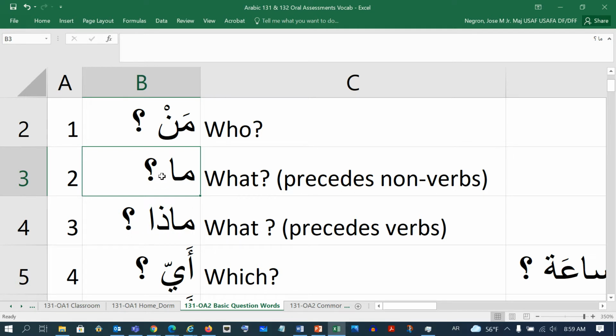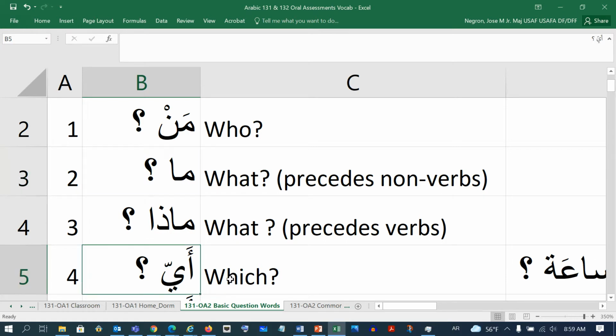The first one, ma, is the question word what that you use in front of non-verbs. So anything that's not a verb, we're going to cover some examples of that later on in this video. But ma is the question word that you use in front of non-verbs, and then maza is the question word you use in front of verbs.